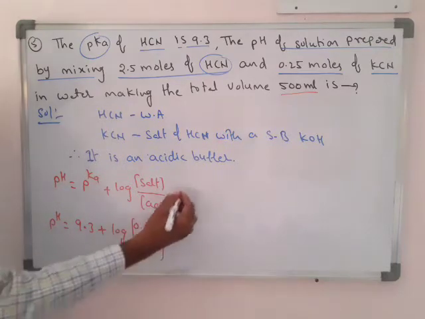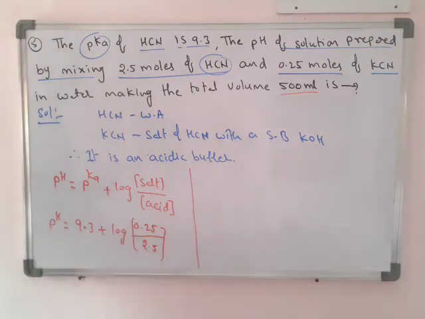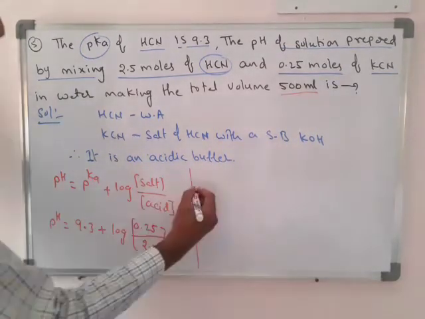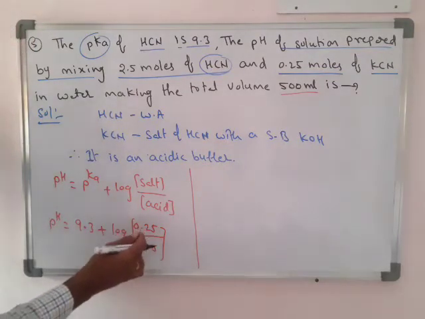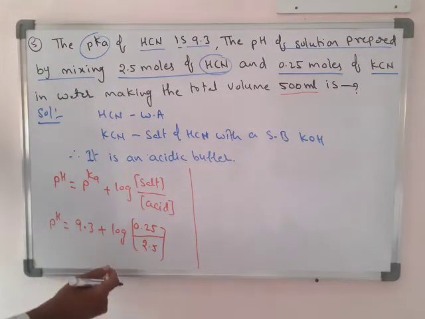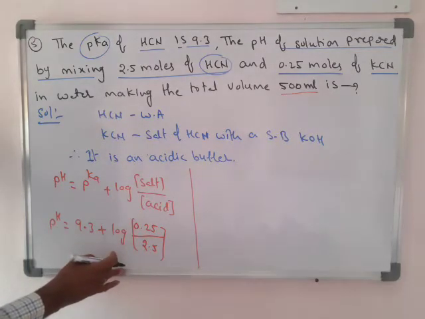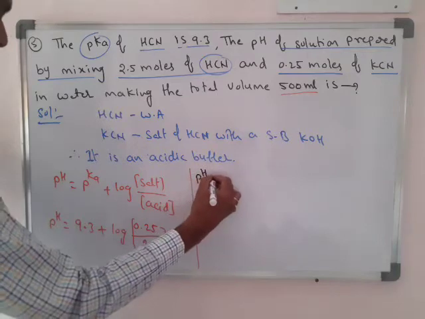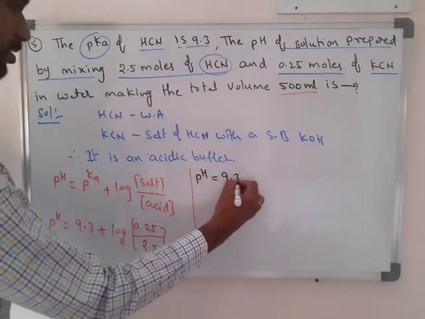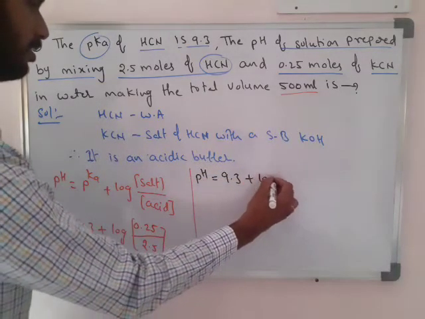So 2.5. The calculation here is important. Here 0.25 becomes 1 by 4, and 1 by 4 becomes 1 by 10. Okay, so pH is equal to 9.3 plus log.